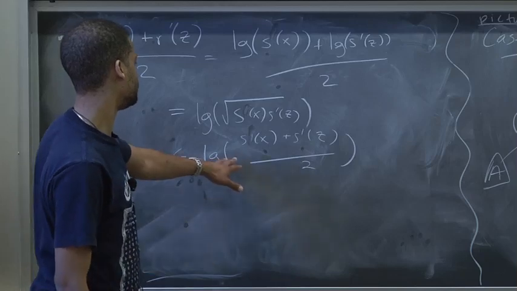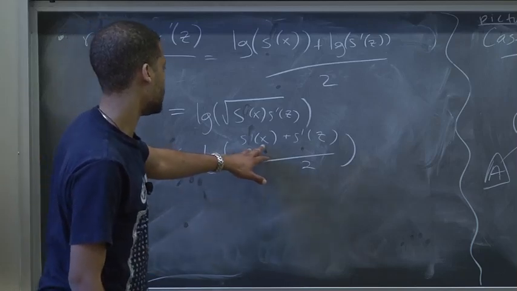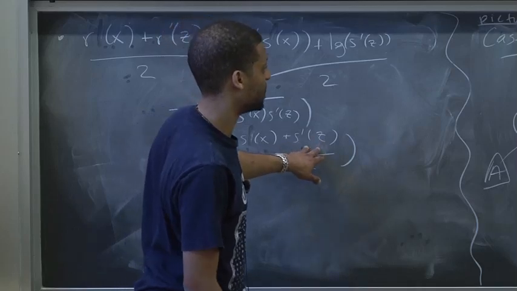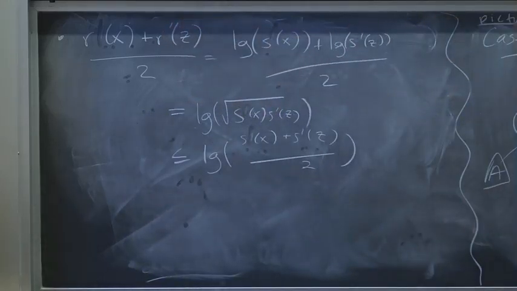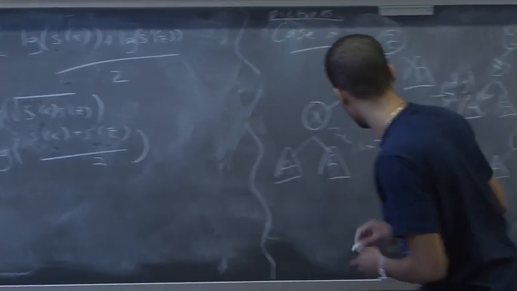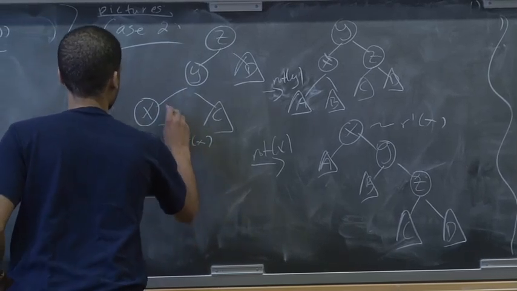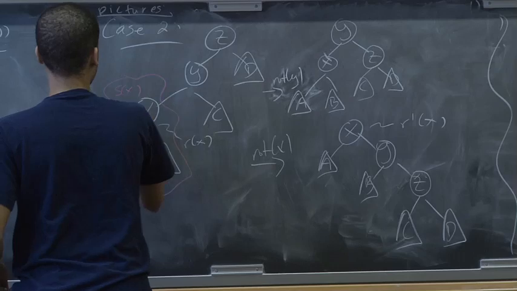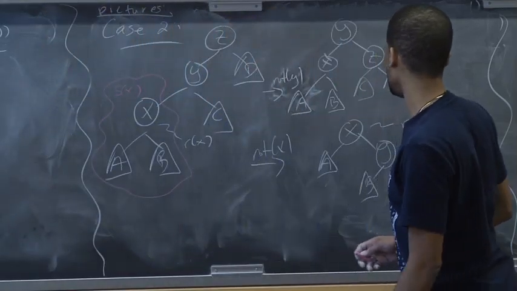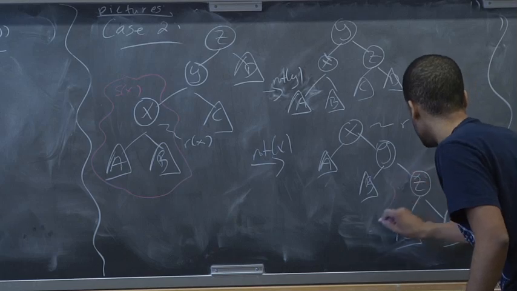Now let's look at S of x plus S prime of z. S of x has all these nodes. S prime of z has all these nodes.